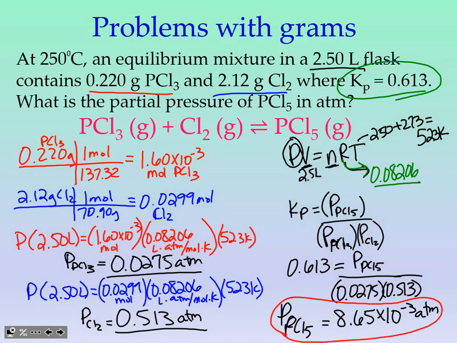Our K value, Kp, is less than 1. So that means the equilibrium position lies on the reactant side. So doesn't that make sense that the partial pressure of the product would be lower than the other two? Right? So you can kind of eyeball your numbers and make sure you're in the right ballpark at least.